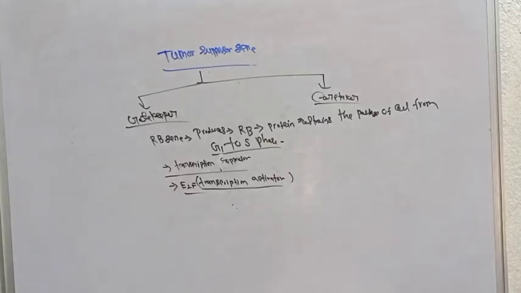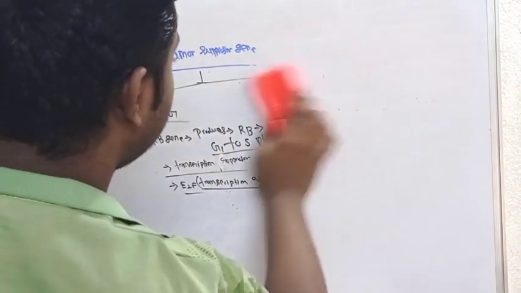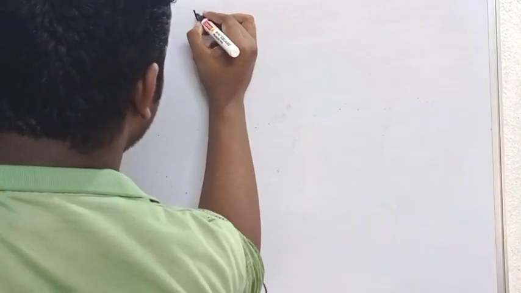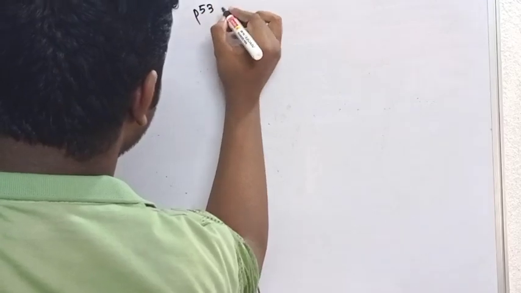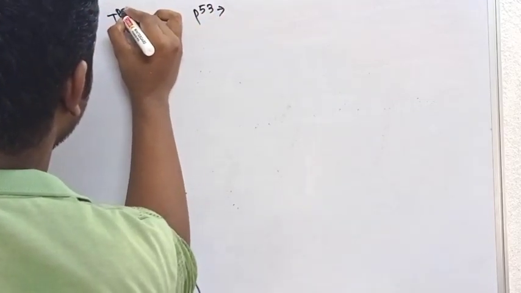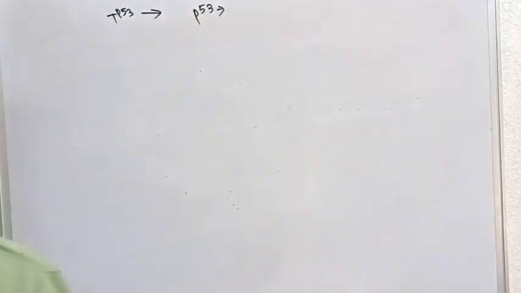Another most important tumor suppressor gene is the P53 gene. P53 is called the genome guardian or molecular policeman. P53 is actually a protein, coded by TP53.